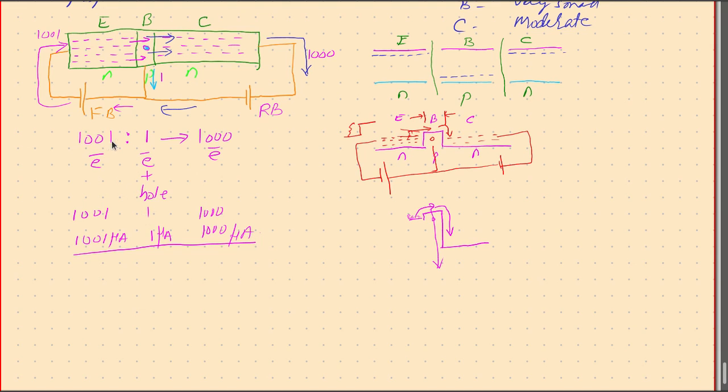So this 1001 is to 1 is going to create all these wonders. 1001 charge carriers were created here, only one was created here. So 1001 get into this region, one combines with the other type of charge carrier, and the remaining 1000 continue and fall into the collector. So this makes 1001 microampere, 1 microampere, and then 1000 microampere.